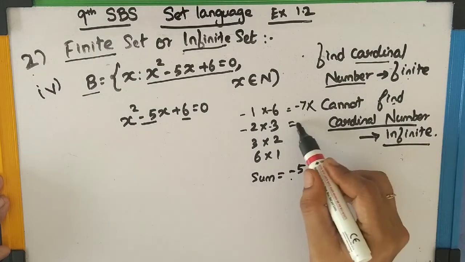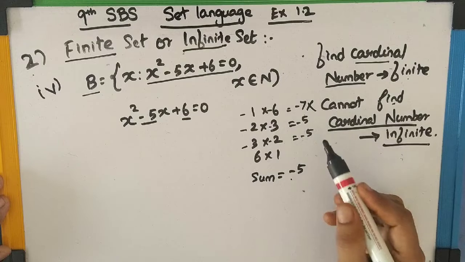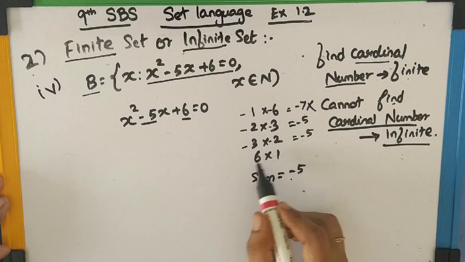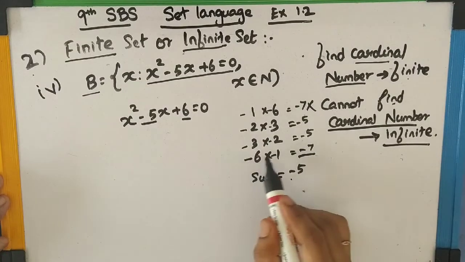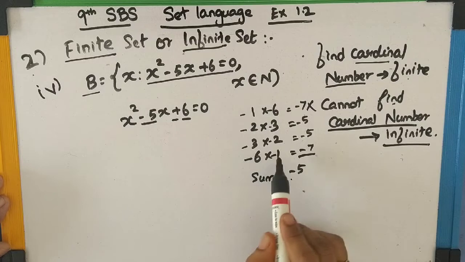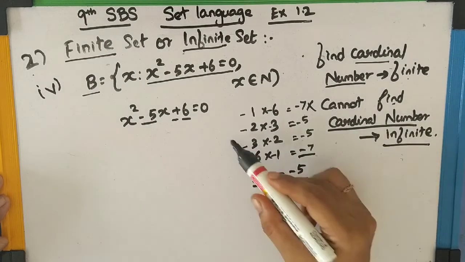Okay. So if we take minus 2 and minus 3 and add them, we get minus 5. But if we take minus 6 and minus 1 and add them, we get minus 7. So the factors 1 and 6 are ruled out, and we take only 2 and 3 as factors. So we can write (x minus 2) and (x minus 3).